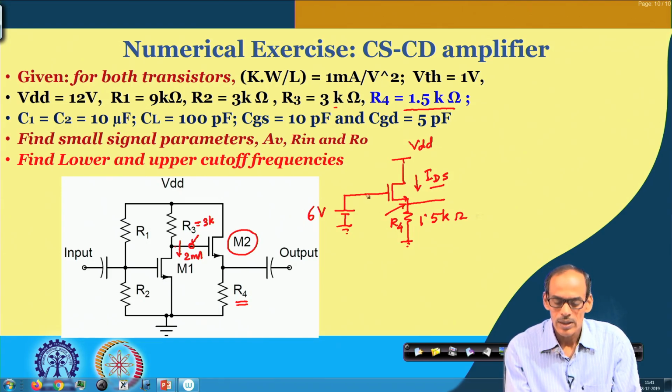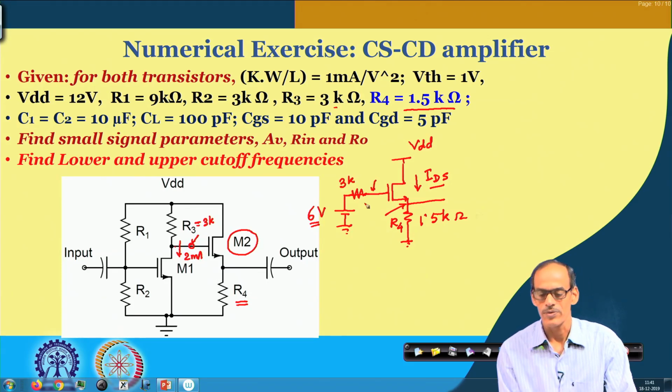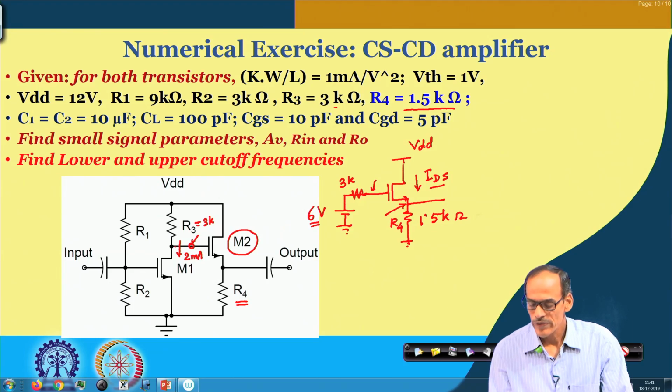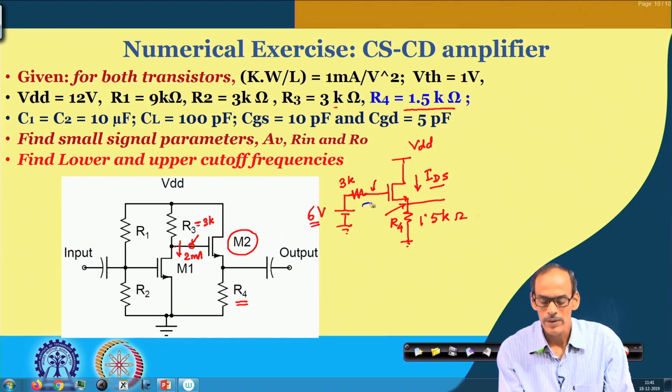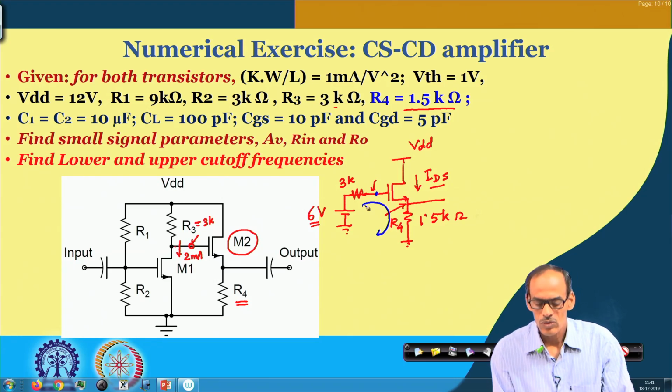And then at the gate we do have 6 volt, and since there is no current flow, even if you consider the 3 K resistance here, we can still say that the gate voltage is 6 volt. So, if I consider this loop, we do have 6 volt coming here.